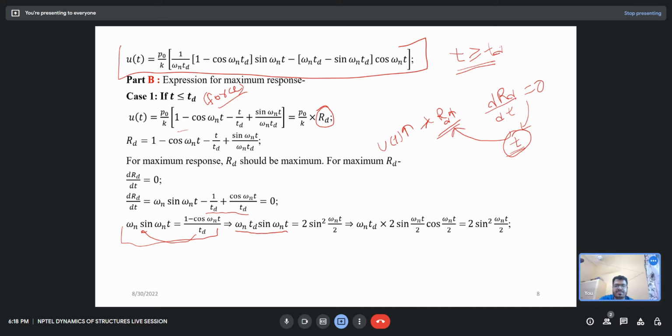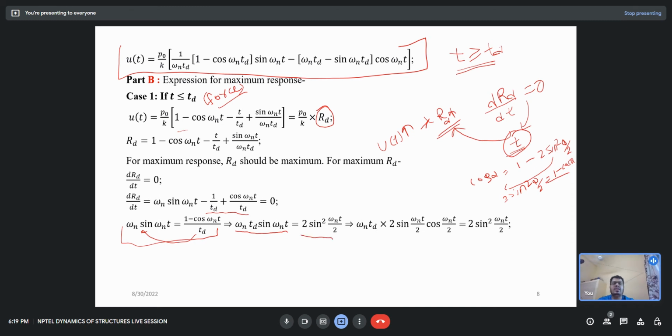Like, cos theta would be 1 minus 2 sine square theta by 2. So 2 sine square theta by 2 will become 1 minus cos theta. Same formula I have used here.